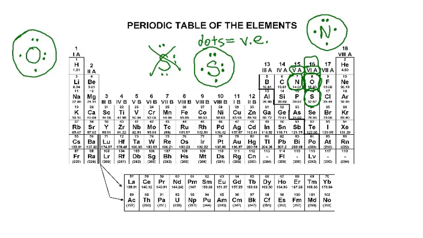And oxygen is also in group 6A. Let me make sure. Yep, oxygen is also in group 6A. So oxygen is going to have 1 dot, 2 dots, 3 dots, 4 dots, 5 dots, 6 dots.